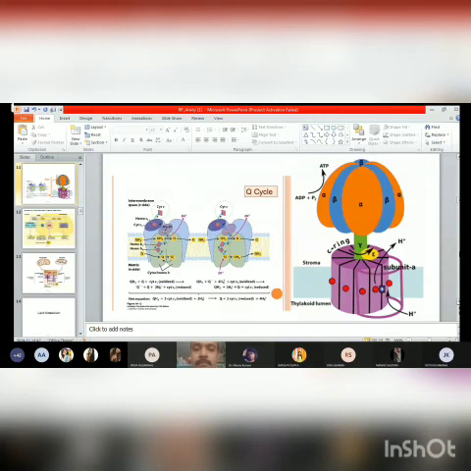In the first, we pump out 2 protons and 1 electron and generate one superoxide radical of ubiquinone. In the second half cycle, we again reduce that to QH2 and also pass 1 electron to cytochrome C and 2 protons to the intermembrane space.